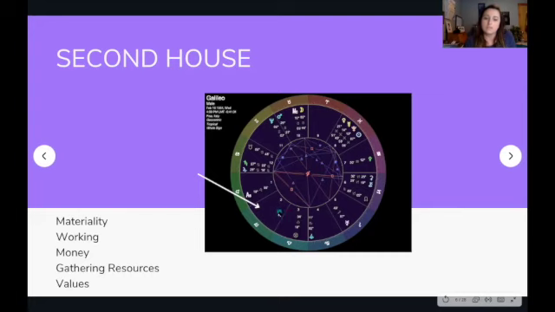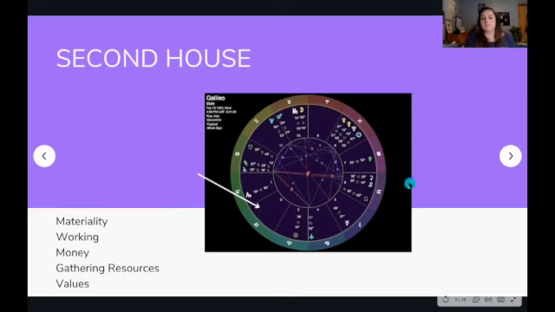the second house, because you'll always want to look at the sign ruling the house and then the planet that rules the house to understand how this house plays out in Galileo's life. So in Virgo, the planet that rules Virgo would be, so we go up to Mercury here in the 8th house of Pisces.